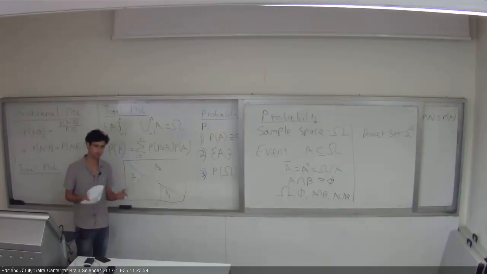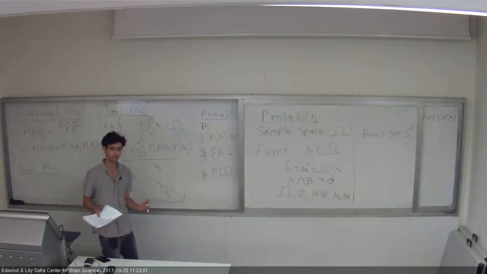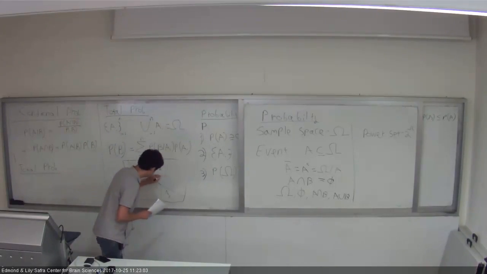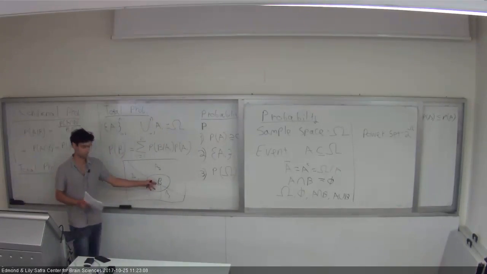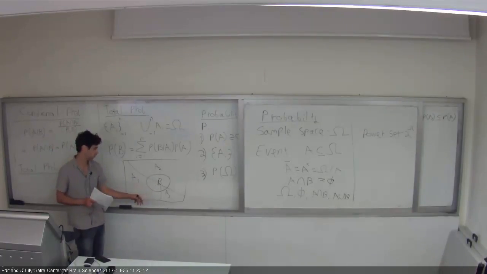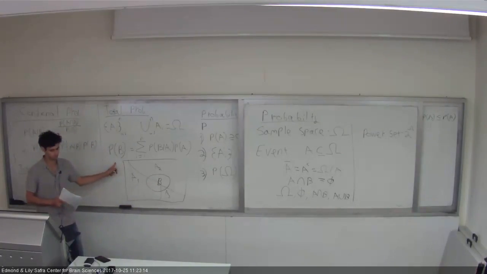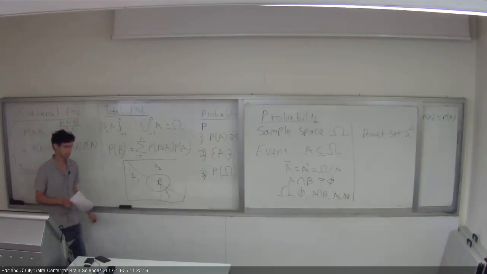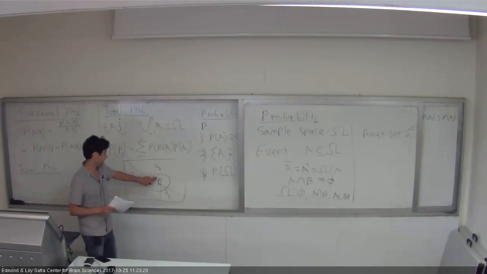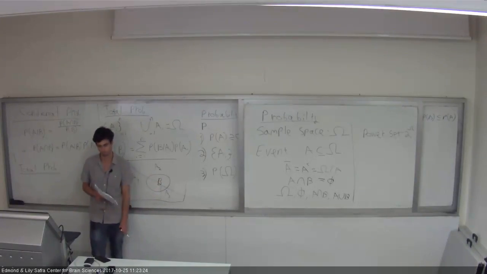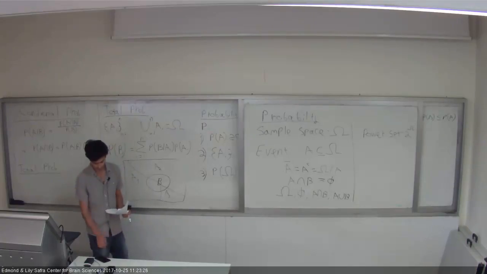Now we want to ask what is the probability of some other event, B. The total probability law just tells us that we can sum over this area, this area, and this area. Great.